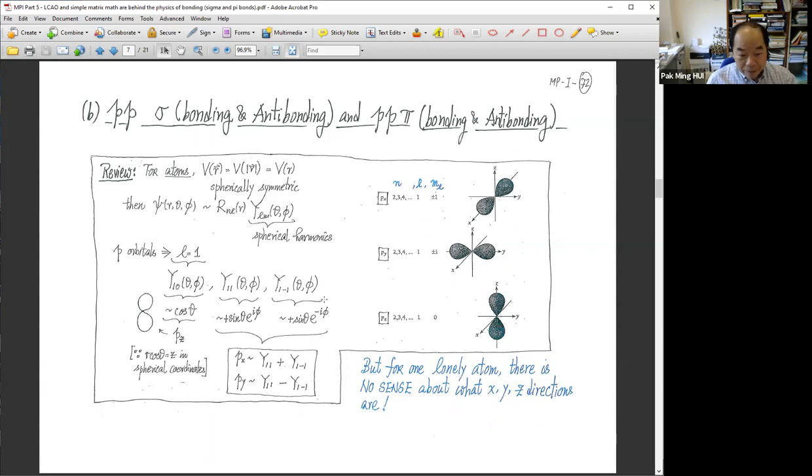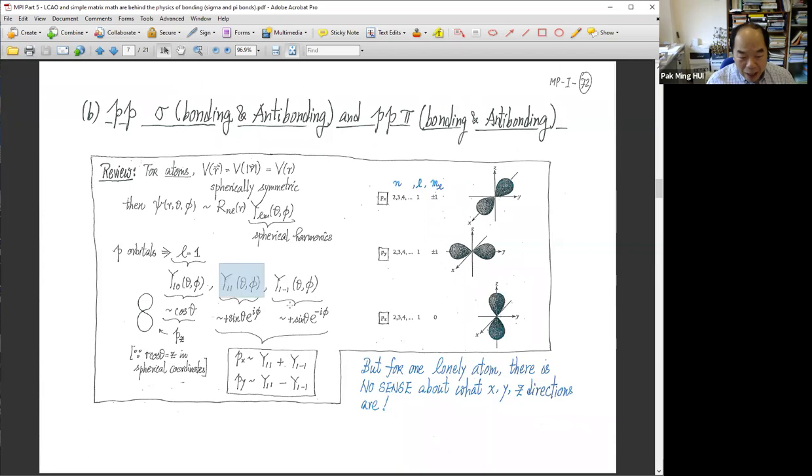Y_1m, l equals 1 is p, then you have m_l being 1, 0, minus 1. The Y_10 is automatically pointing to the z direction like this dumbbell. So this is the pz.